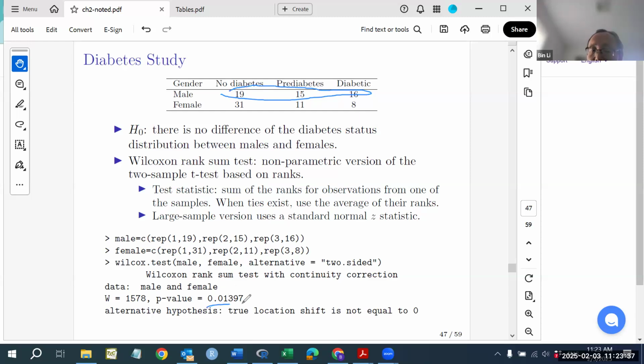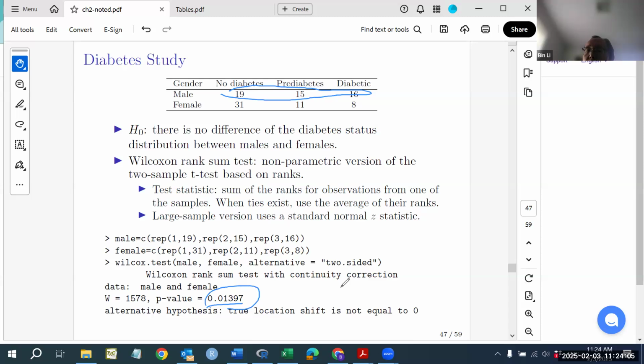And the p-value is 0.01397, which is significant. The null hypothesis says there's no difference in the diabetes status distribution between the male and female. The test result says there is some difference between the male and female in terms of diabetes status.